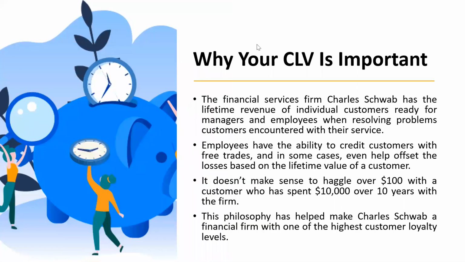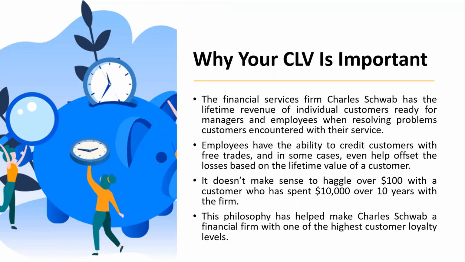Just like cable companies, another example is a financial services firm from the US. Charles Schwab makes the lifetime revenue of individual customers available to managers and employees when they are resolving problems customers encounter with the service. This is a key metric indicated for every customer, so that the manager or employee can take a call on whether to retain them or let them go.